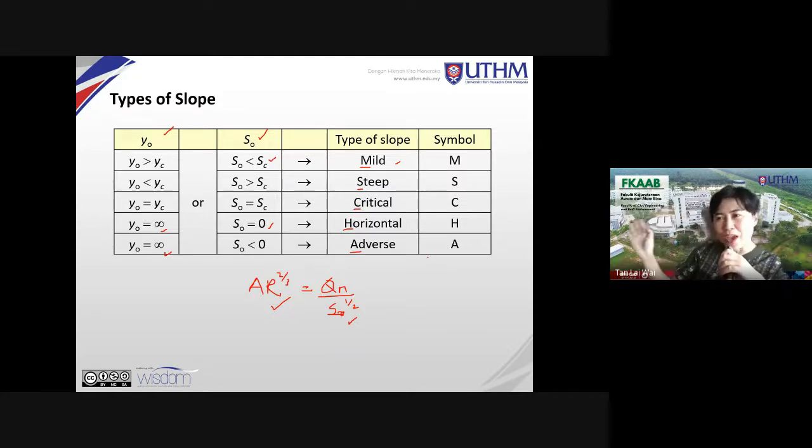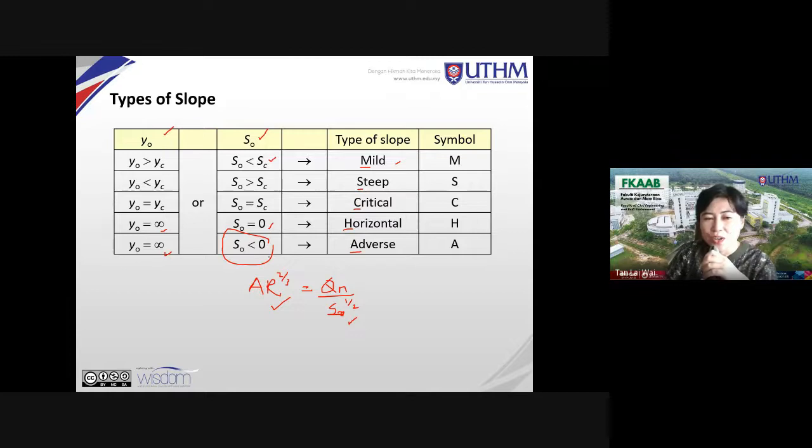Sometimes it's due to backwater flow, or there's another force that causes it to flow. Therefore, look at this. The slope of the channel is negative. Because normally, in open channel flow, slope from higher ground to lower ground is positive. When it's adverse, it's negative slope.